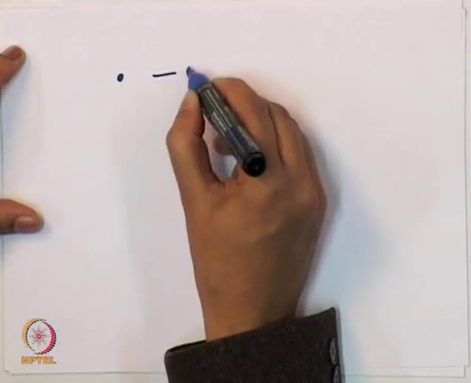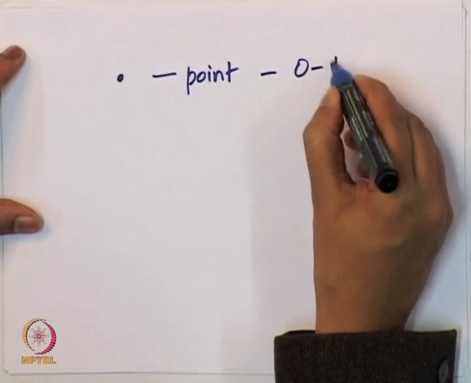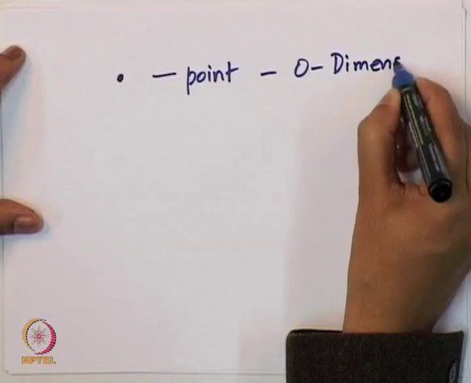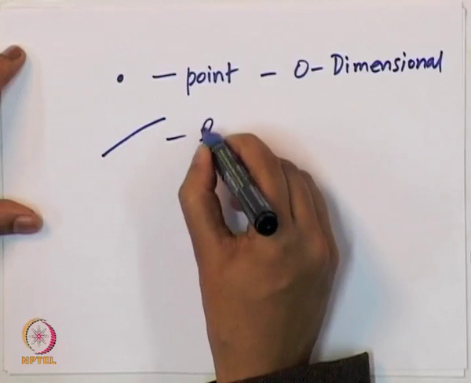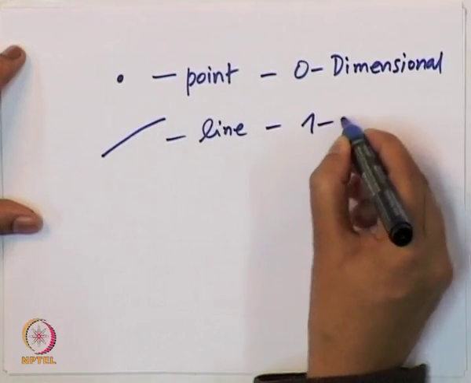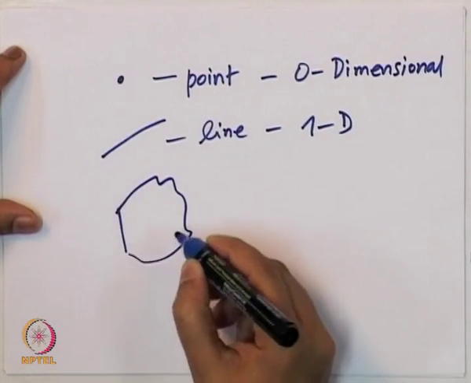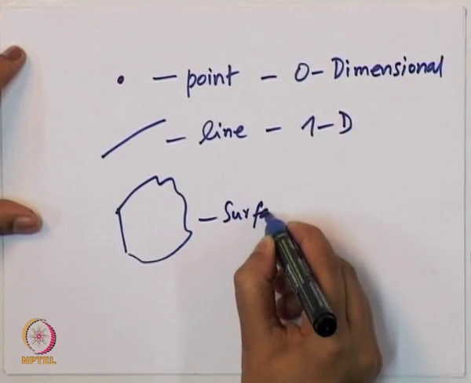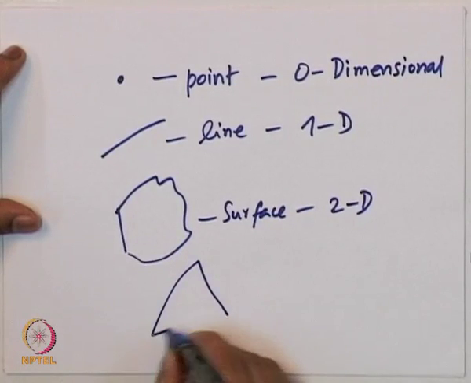So when we are talking about a one dimensional or a two dimensional or three dimensional space, for example, a point is a zero dimensional object. A line is a one dimensional object. Any surface is a two dimensional object, and let us say you have a volume.